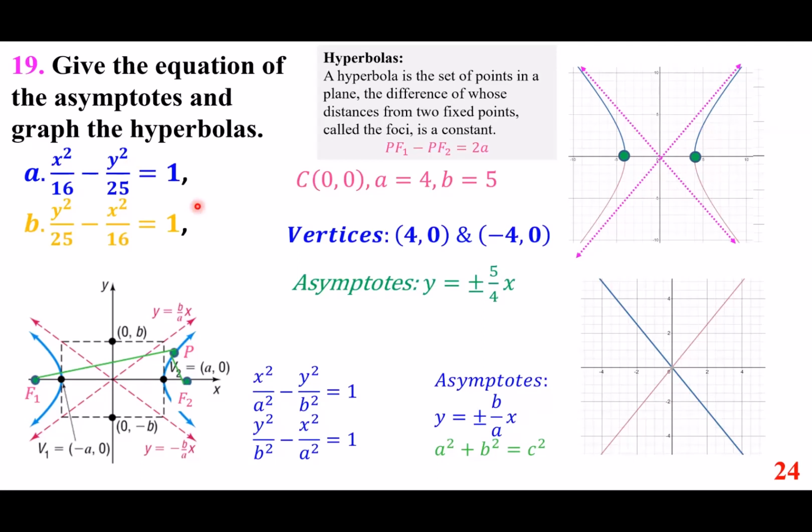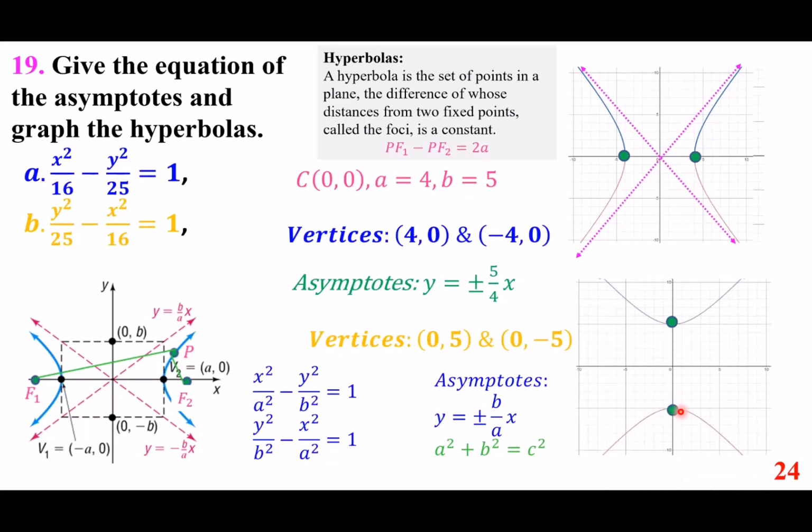Now, in this case, because y squared has a positive value, it opens up and down, and the vertices are located at 0, 5, okay, up here, and 0, negative 5. The graph looks like that, and those are always dashed lines.